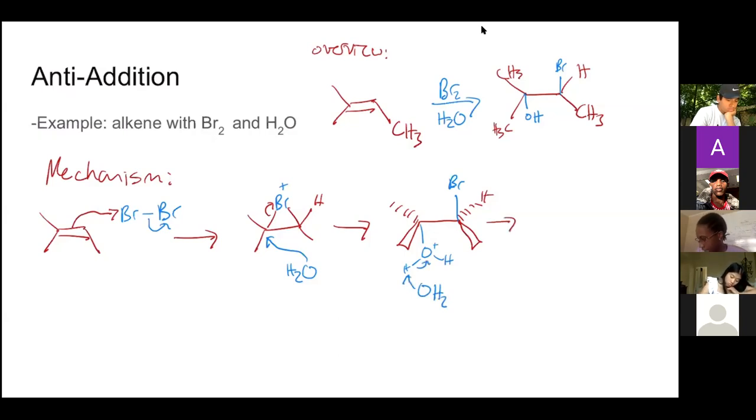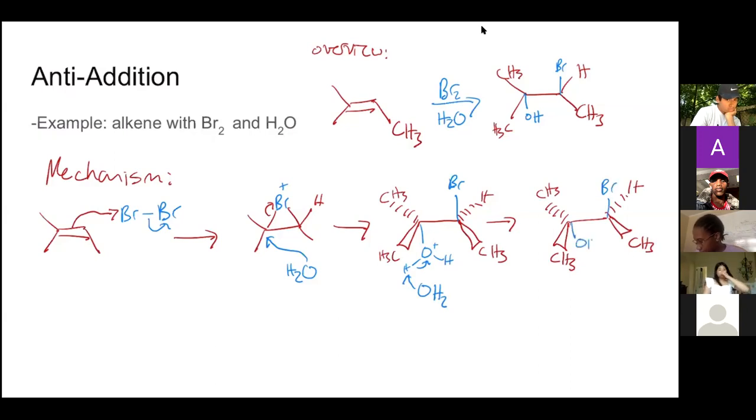And this is how we end up with our actual product. And now we have our bromine up top for anti-addition and our alcohol group down below.